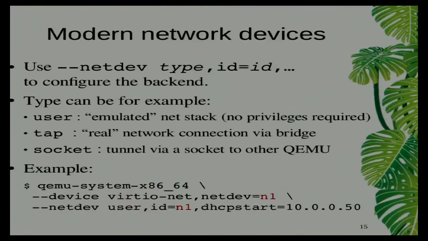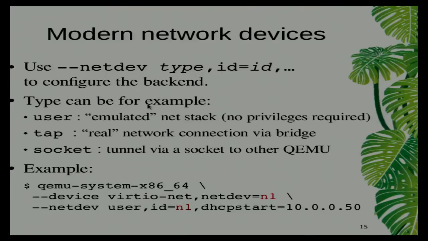Let's have a look at network devices. So modern network devices should be configured with the so-called -netdev command to configure the host backend side. And just as with the character devices, you first have to give a type and an identification string.